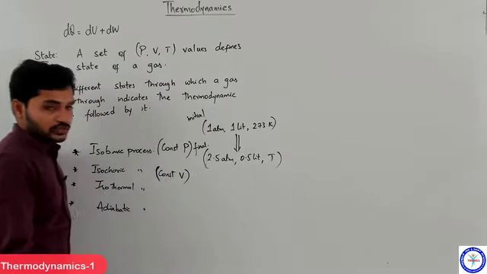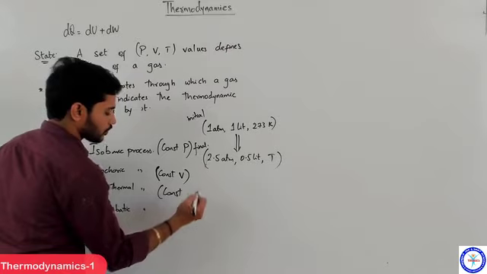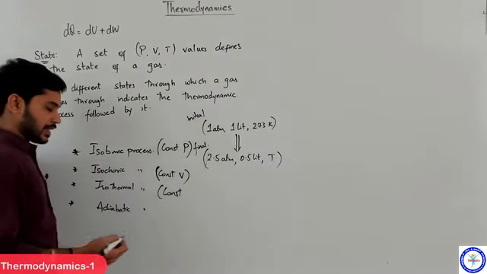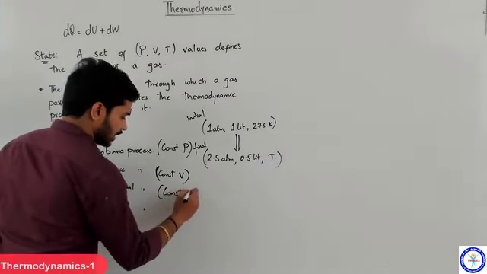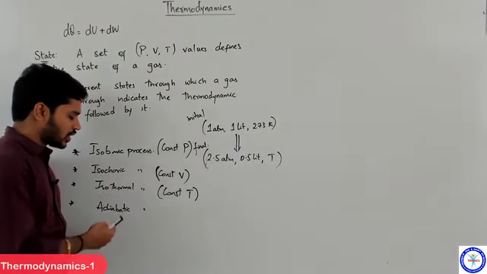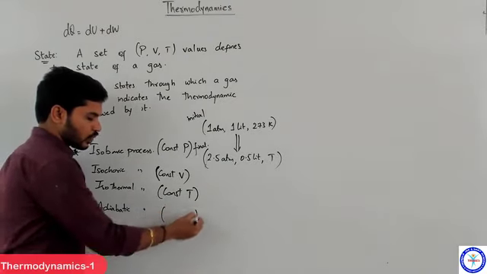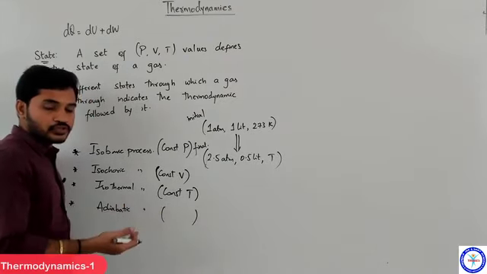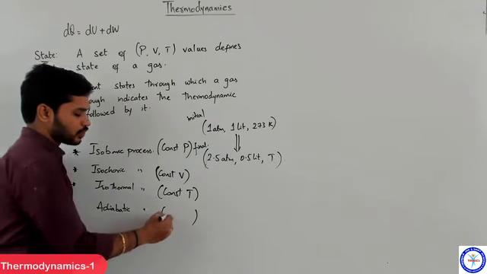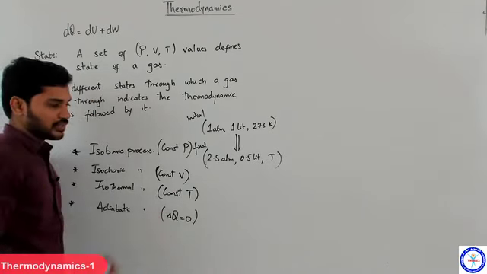So constant volume. An isothermal process is where the gas has a constant temperature, and the other parameters can change. And an adiabatic process is that process where there is no exchange of heat with the surroundings. We'll learn about each process one by one in a while, but I'm just stating the basic standard processes that we have.